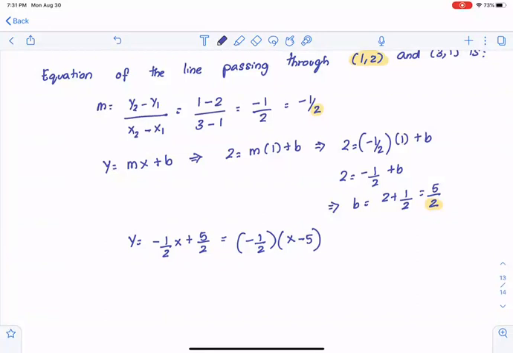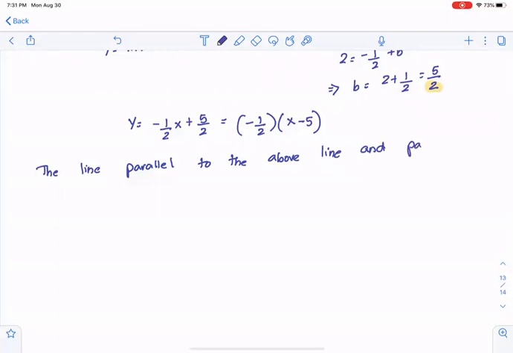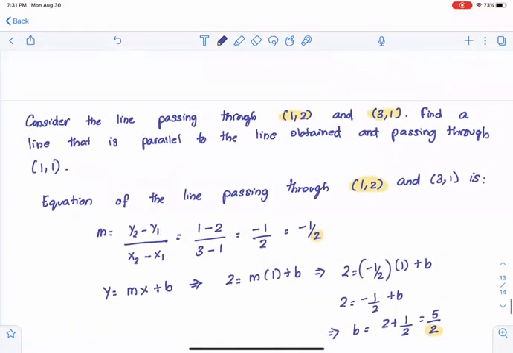Now the objective is to find the line that is parallel to the line that we just found. We want to find the line that is parallel to the above line and passing through the point 1, 1.